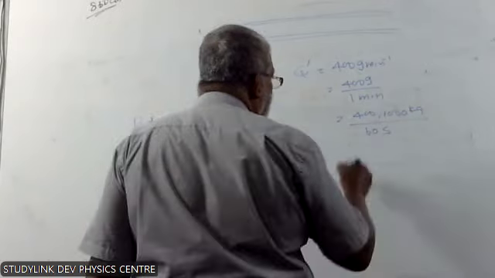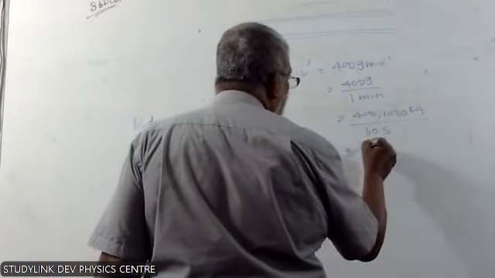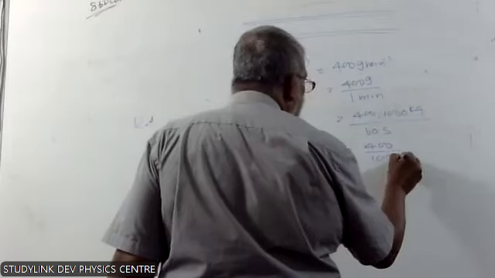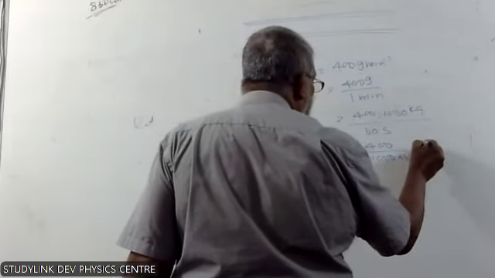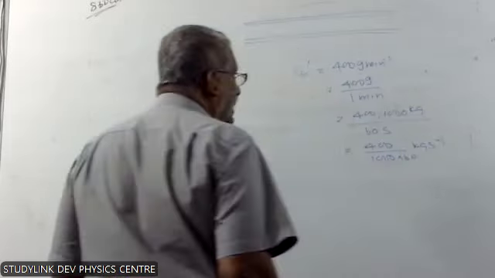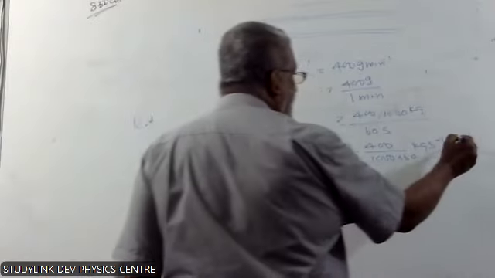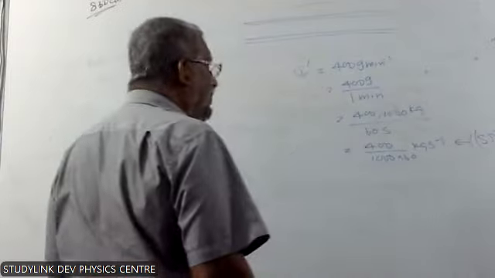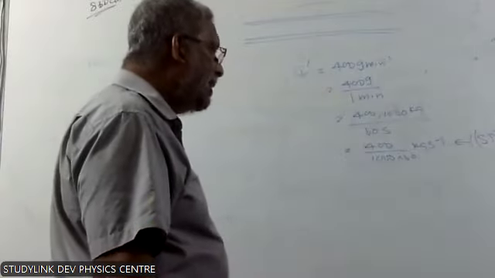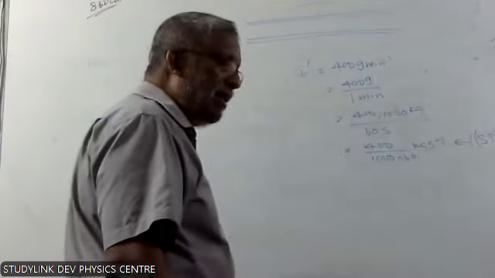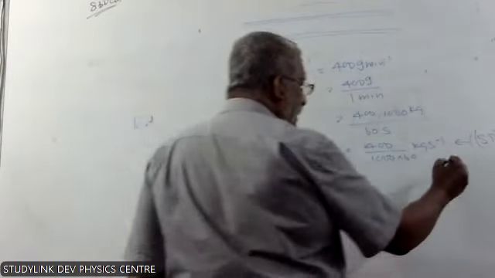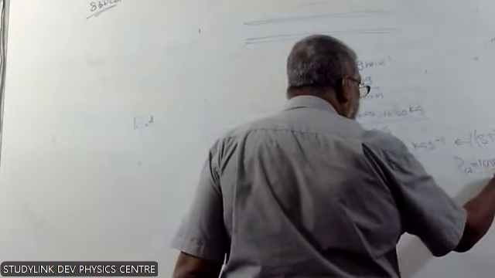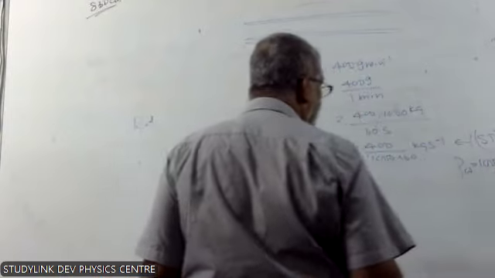So the value is 400 divided by 1000 divided by 60 kilograms per second. I converted it into SI units. Considering the liquid is water, the density of water is 1000 kilograms per cubic meter.